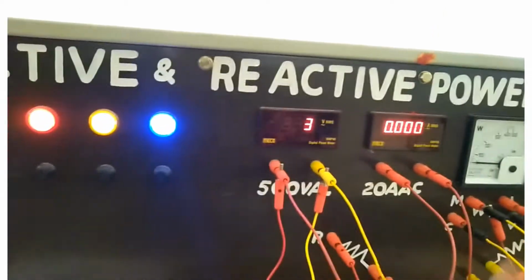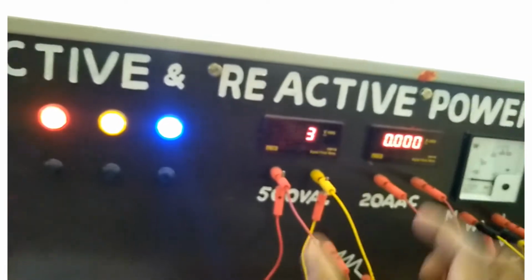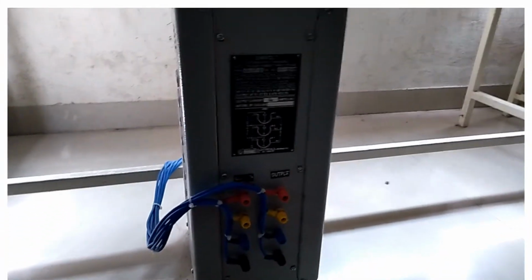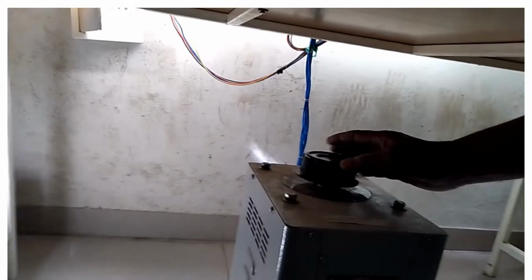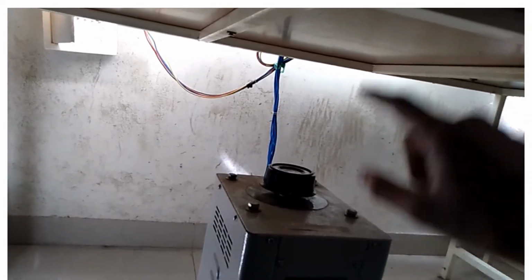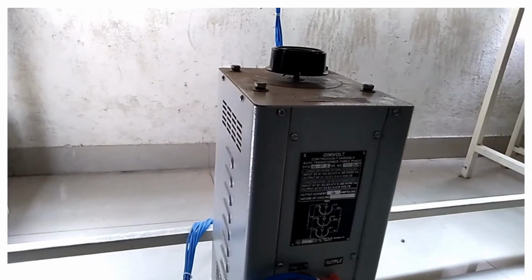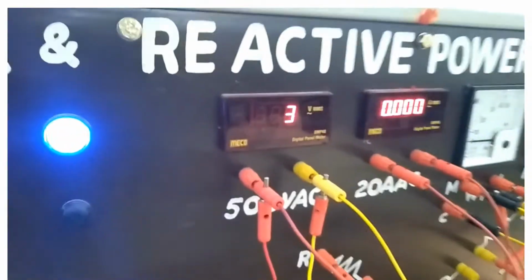Now we have to set the input voltage as three phase voltage, 400 to 415 volts, by varying the auto transformer. Just vary this, and you can see the voltage variations here.